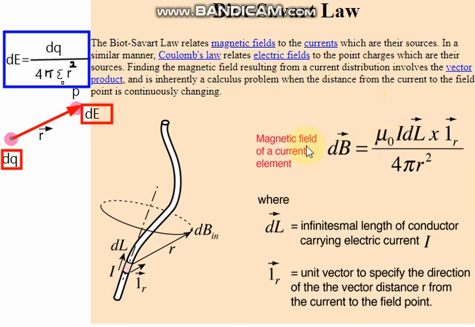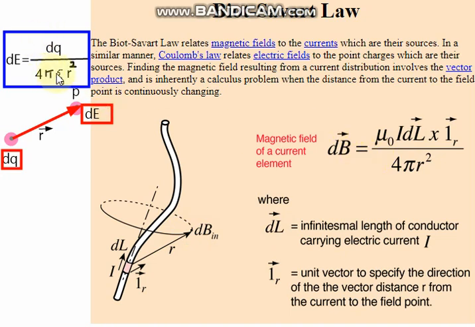So here you can see there is a strong analogy between the electric fields and the magnetic fields, or the strong analogy between the Coulomb's law applied to the electric fields and the Biot-Savart law applied to the magnetic fields. Here you can see dE, which is the contribution to the total electric field by dq, and here you can see dB, which is the contribution of this current element I dl to the total magnetic field B at this point.